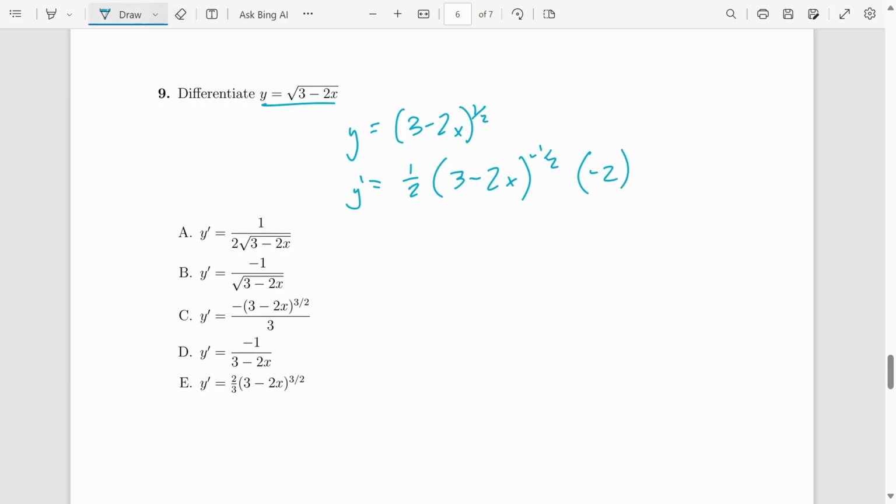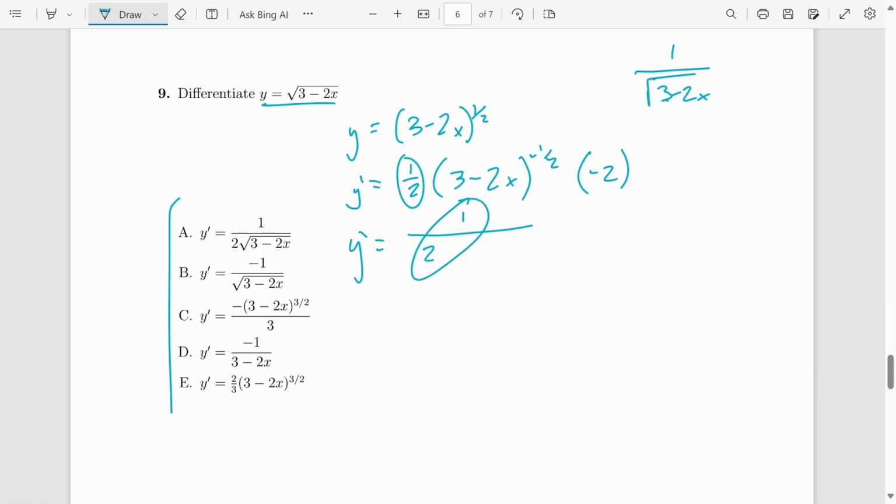It looks like we have to rewrite it a little bit. It's not yet in the form of any of these answer choices. So we can put this -1/2 power in the form of 1 over the square root of 3 minus 2x. So this is going to be y prime equals 1 over 2, which is how you account for that 1/2, times the square root of 3 minus 2x.